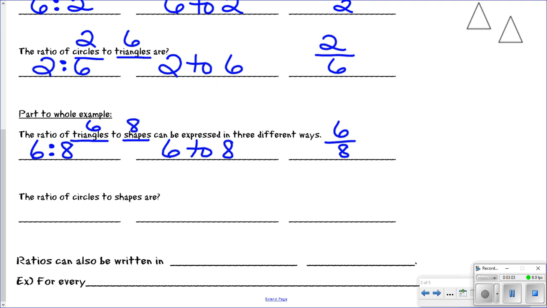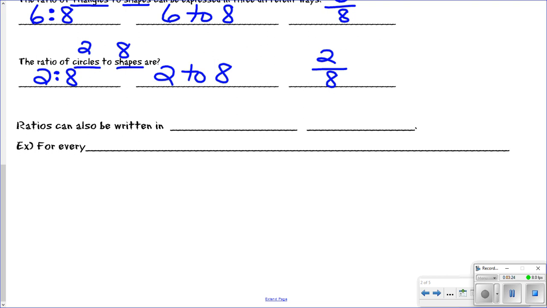The next example, the ratio of circles, there are 2, to shapes, there are 8. So the 3 ways here, 2 colon 8, 2 to 8, and 2 is the numerator, 8 is the denominator.